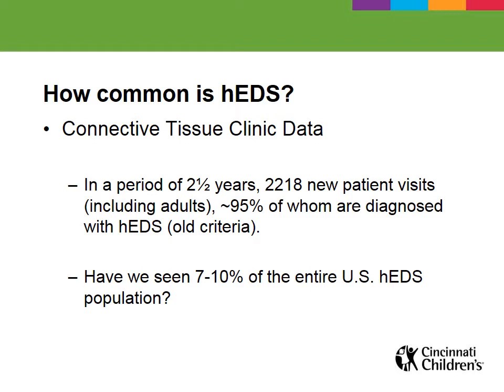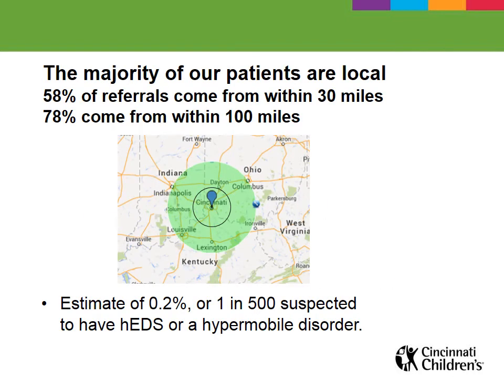However, that was using the older criteria, not the newer criteria, which is stricter, so we will expect that this number will drop accordingly. However, if we look at those numbers of roughly 2,000 patients, this would suggest that we had seen 7 to 10% of the entire United States hypermobile EDS population. Question is, had we seen that much? And the answer is quite clearly no.